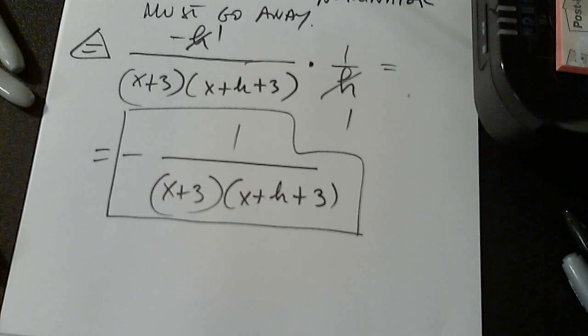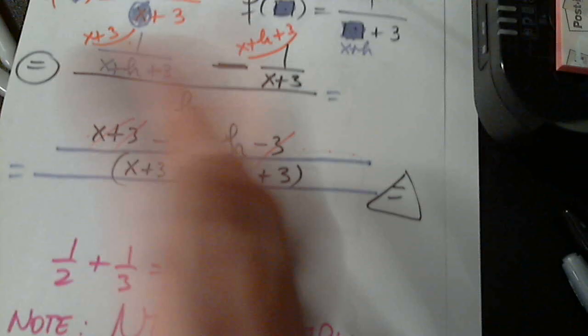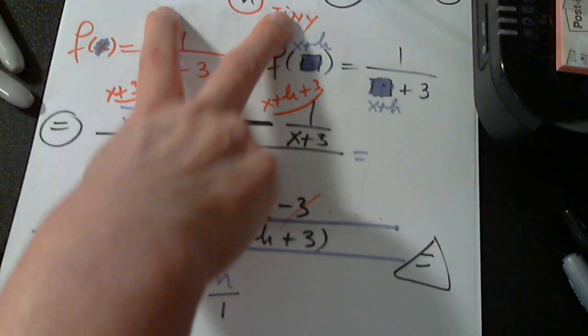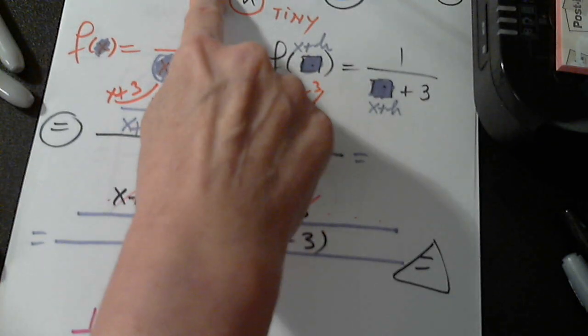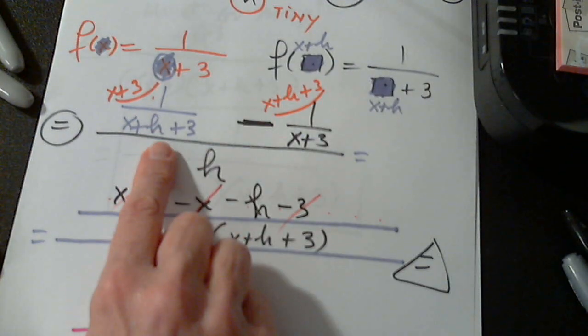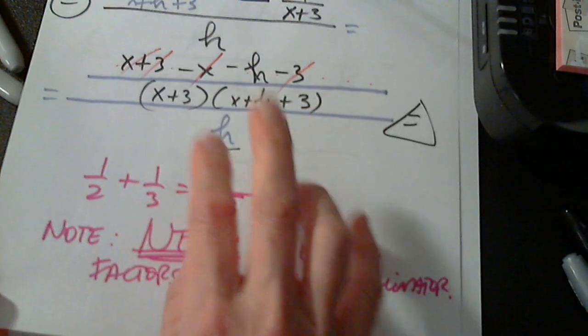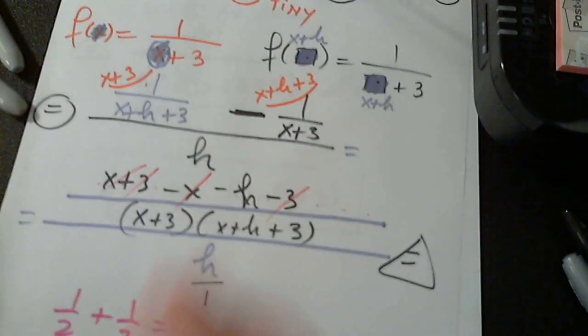Any questions on the steps of finding the difference quotient? A lot of work, right? We stated the definition. We identified f of x plus h. We found the least common denominator. We combined like terms at the top.